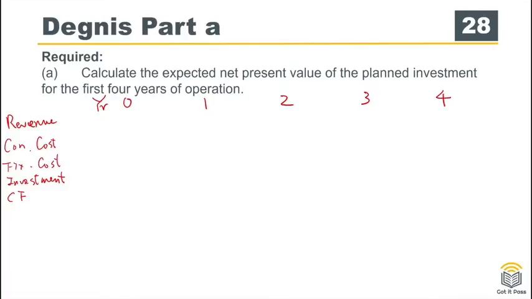And then we have the tax liability. We have the tax saving from the depreciation, right? And then comes the NCF, net cash flow, with discount factor. So we have the DCF.